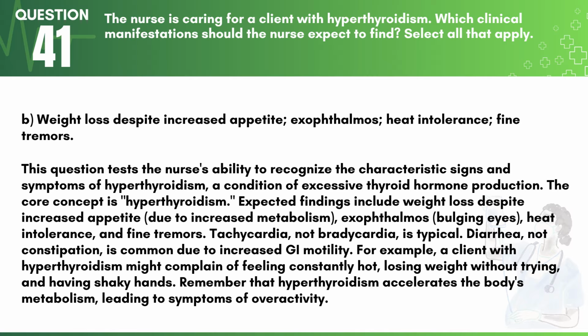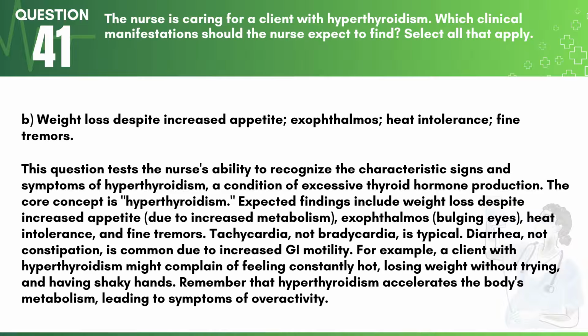Answer. Weight loss despite increased appetite, exophthalmos, heat intolerance, fine tremors. This question tests the nurse's ability to recognize the characteristic signs and symptoms of hyperthyroidism, a condition of excessive thyroid hormone production. Expected findings include weight loss despite increased appetite, due to increased metabolism, exophthalmos, bulging eyes, heat intolerance, and fine tremors.